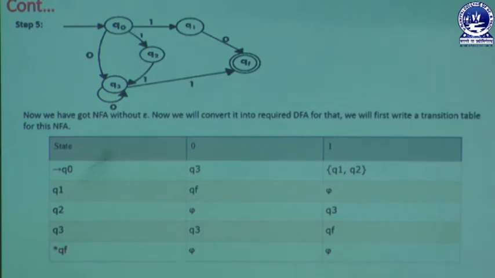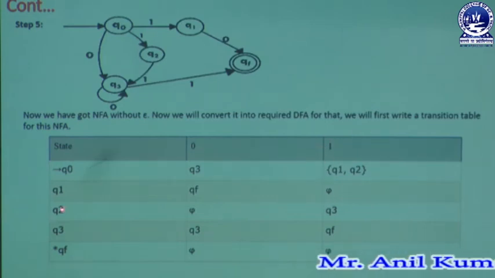So whenever Q0 takes an input symbol 0, it creates state Q3. Similarly, Q0 taking input symbol 1 creates 2 states, Q1 and Q2. Similarly, Q1 taking 0 gives Qf and on input 1, it is denoted as phi. That means there is no state available whenever Q1 takes input symbol 1.